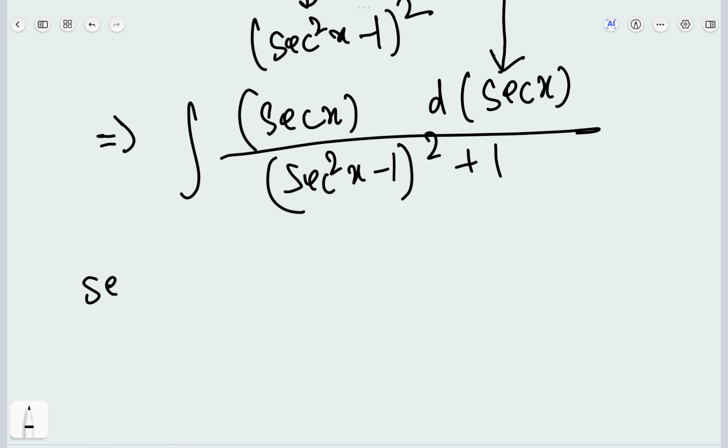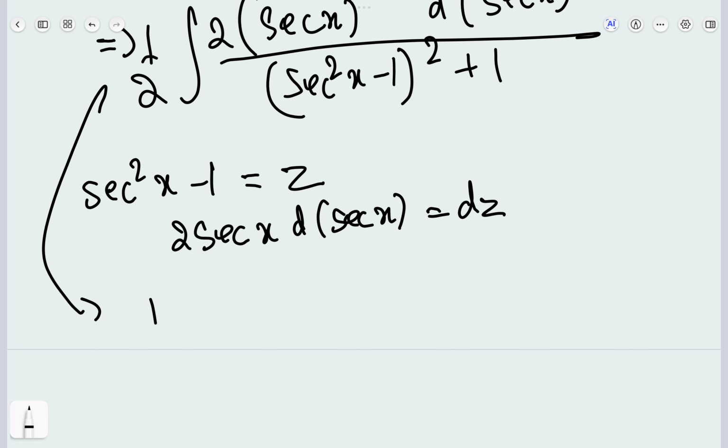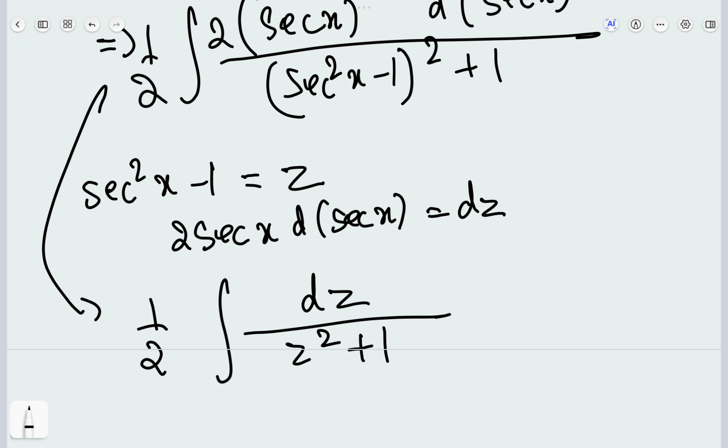Now I want you to take sec square x minus 1 is equal to z, and 2 sec x d of sec x is equal to dz, so half dz upon z square plus 1.